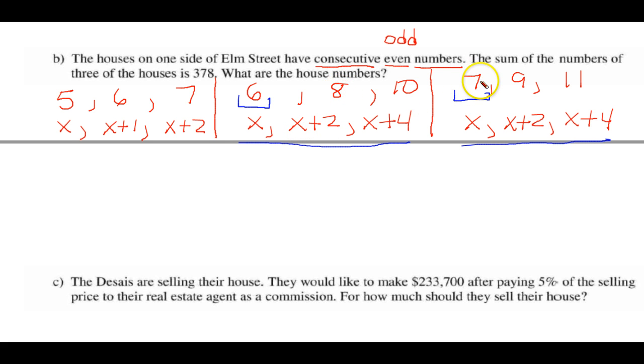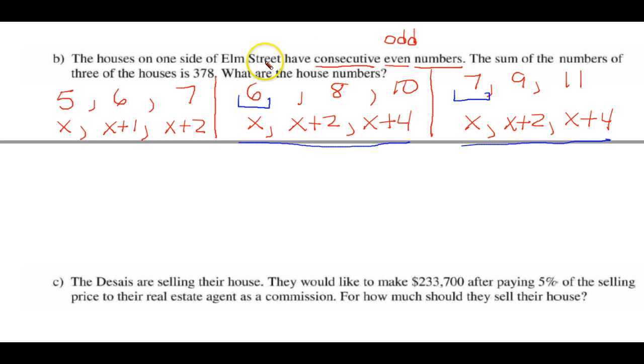If the first number is odd, by adding 2 you get the next odd. Some students think they have to add 3 to get it because 3 is odd. But don't do that. That would be incorrect. So these are the same. The difference is what number do you start with?